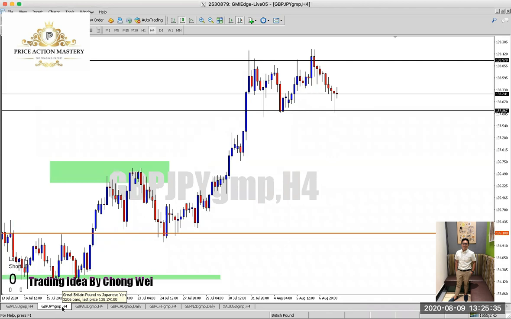So GBP/JPY is the same thing. The market hasn't broken the critical point, so this level will be a very good buy. You can place your buy limit here if you want, because overall it's an uptrend. The critical point is very good information for everyone to know.